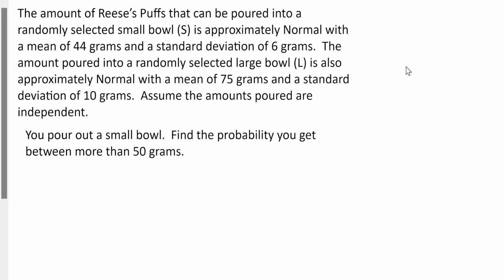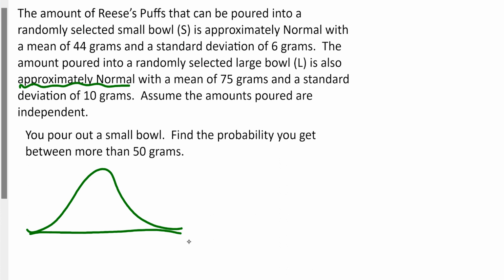You pour one small bowl, find the probability to get more than 50 grams. So we're just looking at the small bowl here. Okay? Now again, this should be familiar. It is approximately normal. That says it right here. So we're going to draw our normal curve. We're going to label the mean and the standard deviation, which for a small bowl was 44 grams and 6 grams.